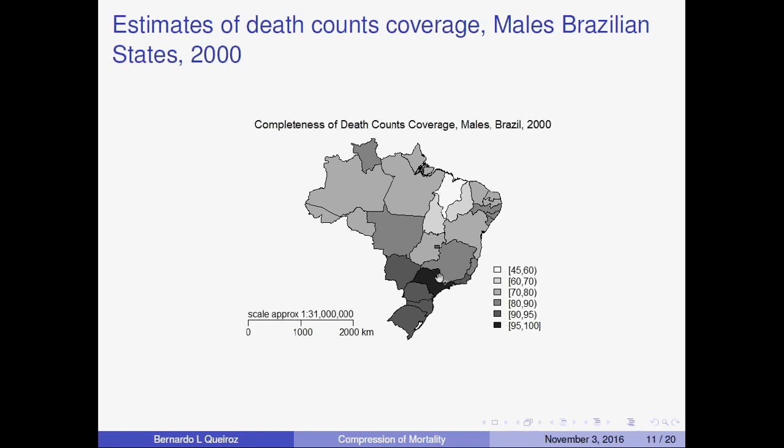So São Paulo has pretty good completeness. Minas Gerais are in front. Brasília, this one here, Rio, and the South. And then when we go to 2010, the whole South and Southeast have pretty good completeness, and some parts of the Northeast, and then the northern part of the country has the lowest level of completeness, but still much better than 2000.